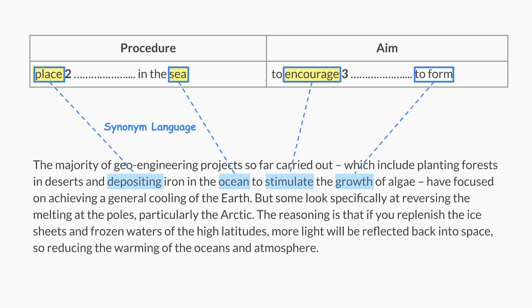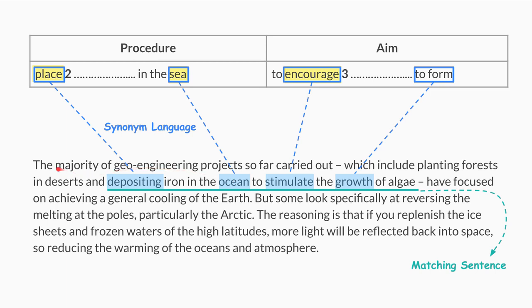So we found all of our keywords here. We didn't actually find exact keywords for anything. Rather, we only found synonym language for each one of our keywords. So this is going to be our matching sentence right here. This is where we're going to find our answer. So let's go ahead and read this sentence now.